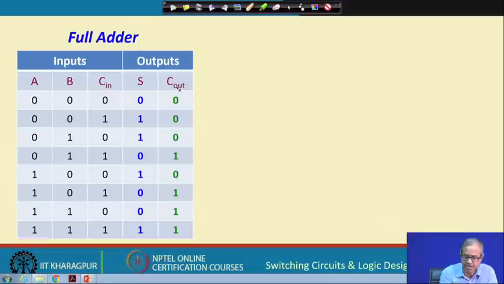Okay, when you consider the value of the number, you consider C out as the most significant, then S, in that order. 001 is 1, 01, 010 sum is also 1, 01, 011 is 2, 10, 100 is 1, 01, 101 is 2, 10, 110 is also 2, 10, 111 is 3, 11, right. This is the truth table of the full adder.